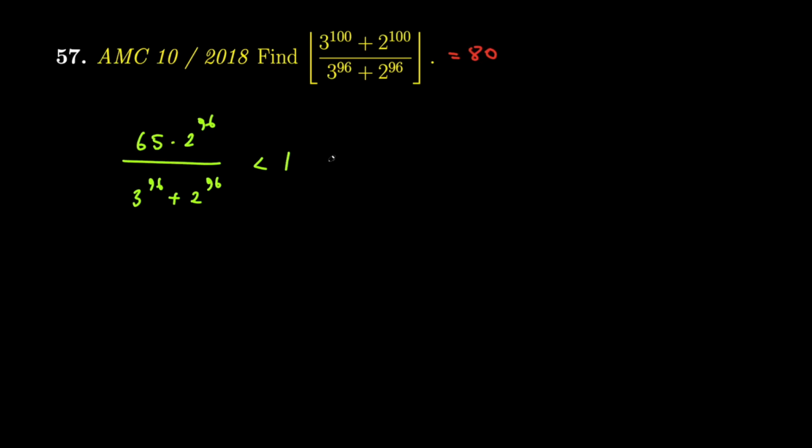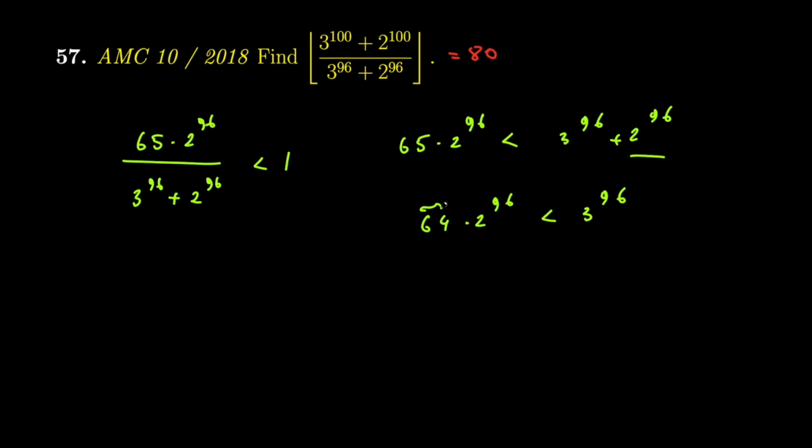Let's prove it. We need to prove that 65 times 2^96 is less than 3^96 plus 2^96. If I subtract 2^96 from both sides, I have 64 times 2^96 less than 3^96.